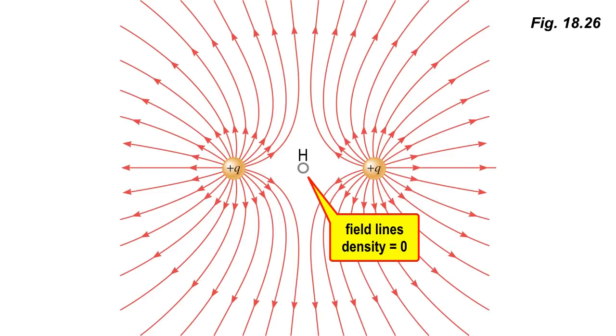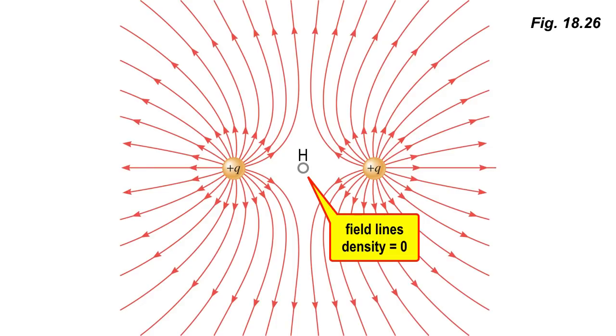He wrote the field lines of this double, this is not really a dipole, it's a double positive array. I just loved what he wrote, and I especially loved his diagram.